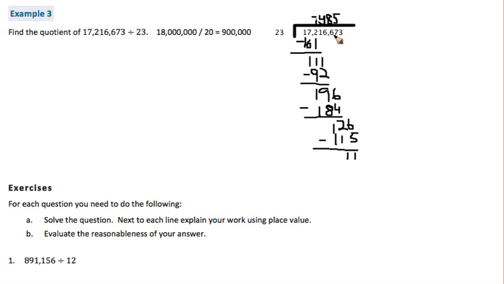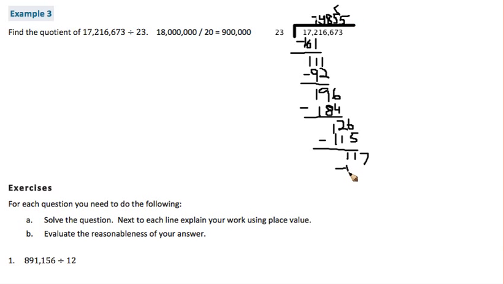Our next digit is a 7. We bring that down. And if we're paying attention to our numbers along the way, we see that 117 and 115 are very close. So our next digit should definitely be a 5. And 5 times 23 is 115.